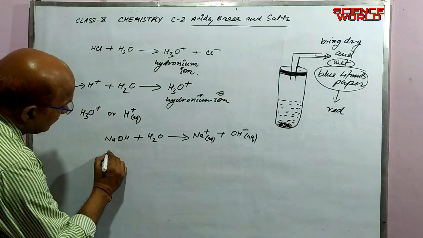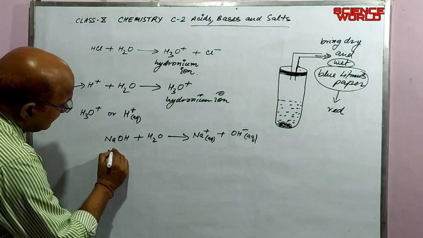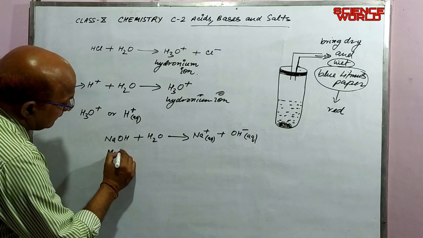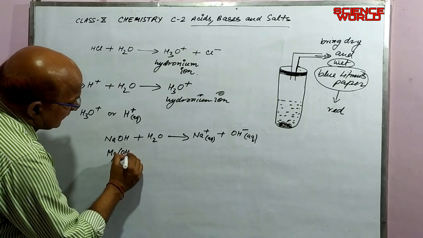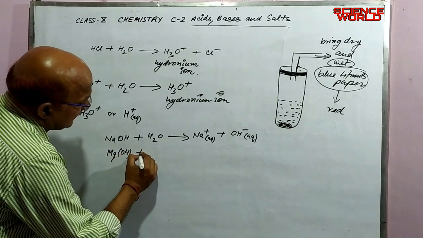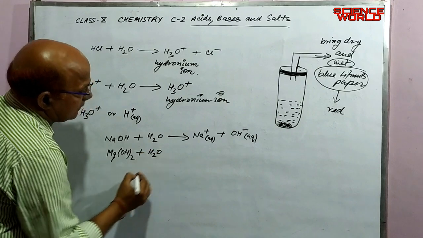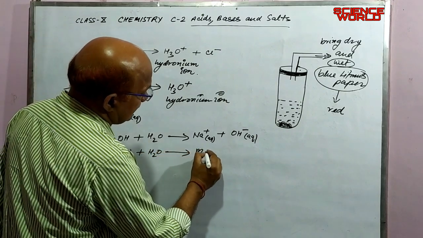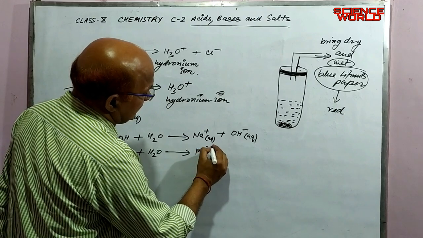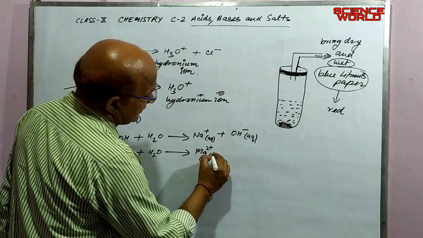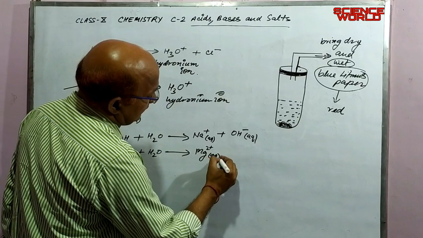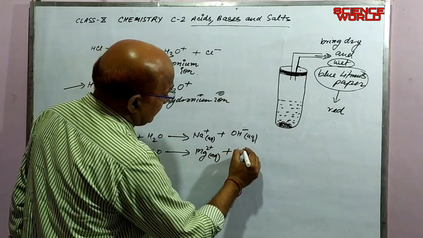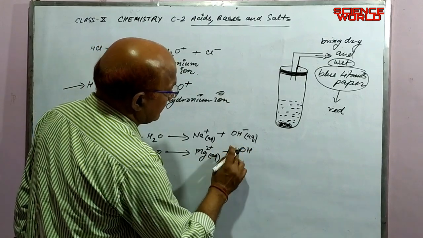Similarly, when magnesium hydroxide reacts with water, then it produces magnesium ion Mg2 plus (aq) plus hydroxide ion.